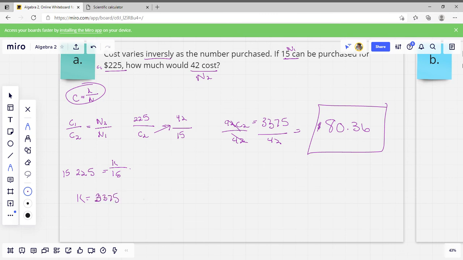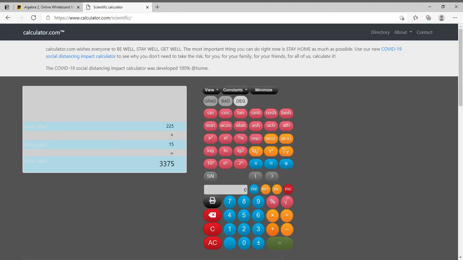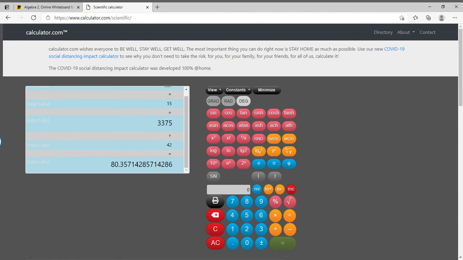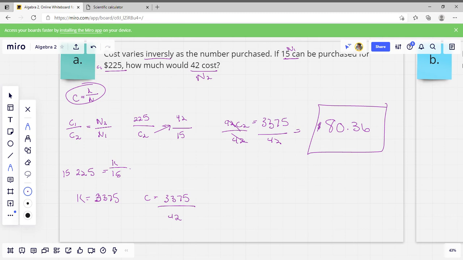And then we would say our second part would be cost equals 3,375 over 42. So then we'll just divide by 42, and we get the same answer, $80.36. So either way you work that, it comes out the same. Now, I'm pretty sure at the beginning it told you to use the equal ratio method to work these problems. So you're supposed to use this first way.